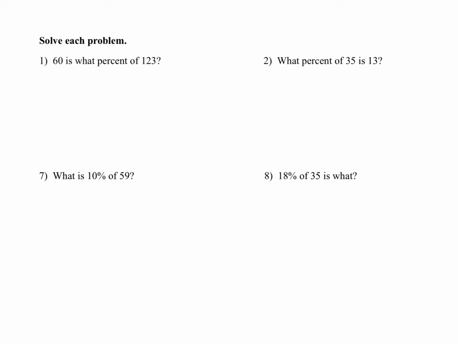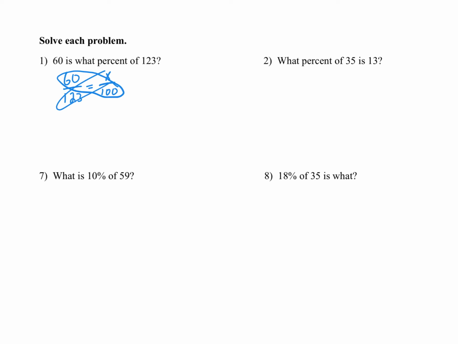So if we set this up, we say 60, the part, over the whole, 123, is equal to the percent, so we're looking for, over 100. I'll call that x. Now we can use our method of cross product here.